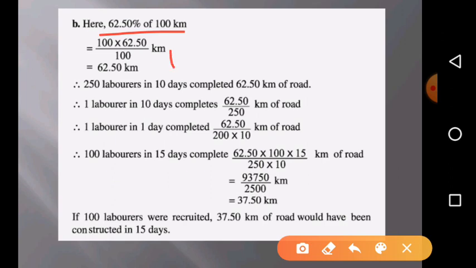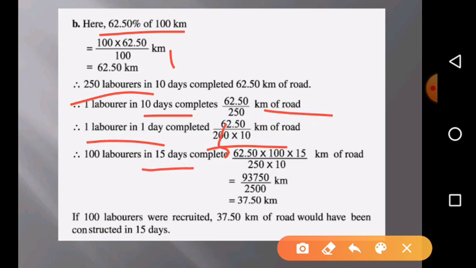দিয়ে আমরা গুণ করেছি। So the total is 62.50 kilometer, we know the 250 laborers in 10 days completed 62.5 কিলোমিটার of road। One laborer in 1 day, it will of course reduce the work, so we divide it। One laborer in 1 day also reduces the work, মানে একজন লেবার একদিনে আরও কম কাজ করবে, তাই আবার আমরা ভাগ করেছি। তবে এখানে একটু ভুল আছে, কারণ 200 জায়গায় 250 হবে। So 100 laborers 15 days, so this will be the increase.